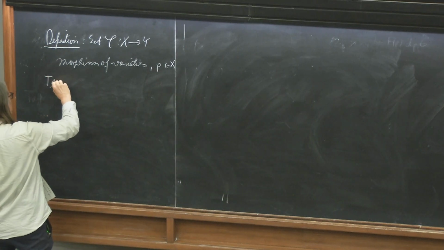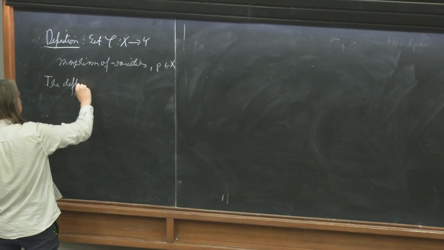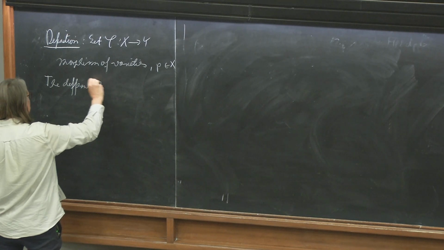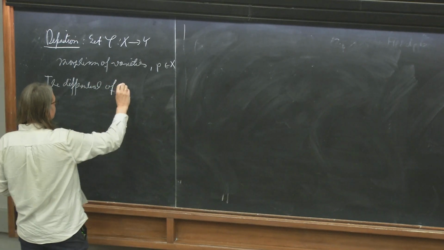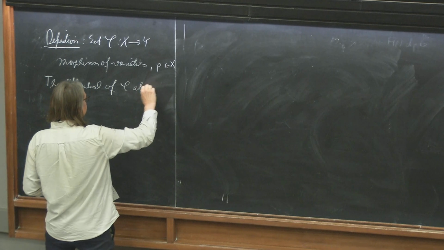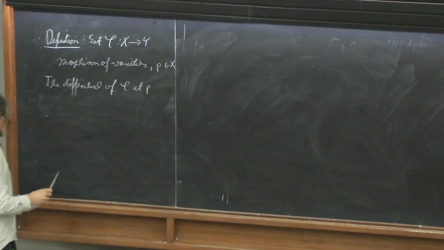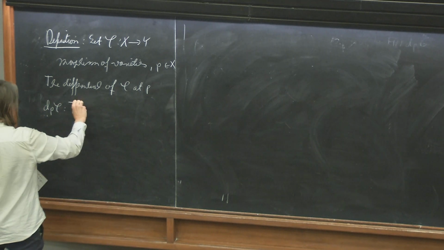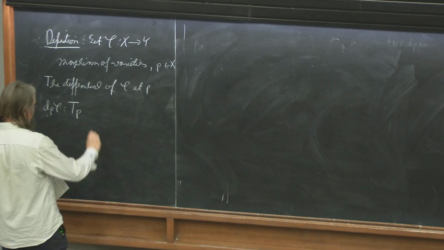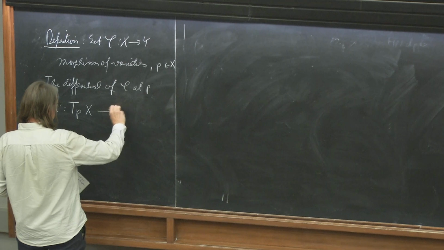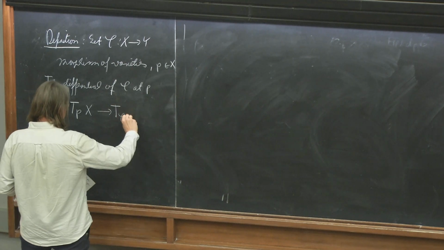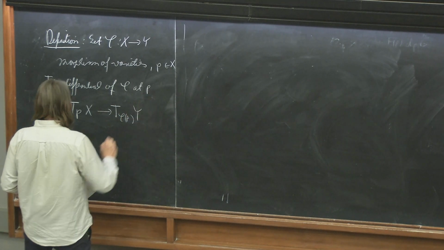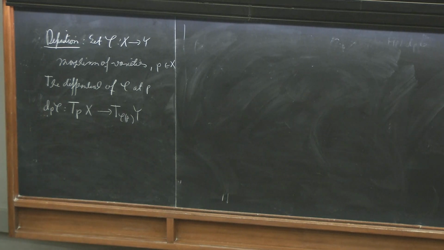So the differential of phi at P is d_P phi from the tangent space of X at P to the tangent space of Y at phi of P. And we want to do kind of the obvious thing.